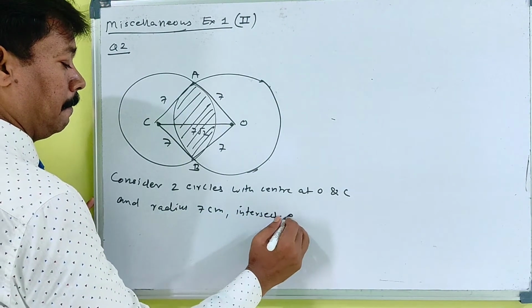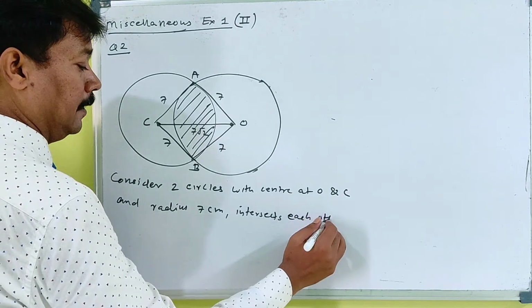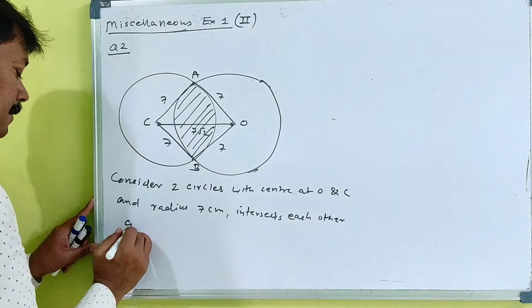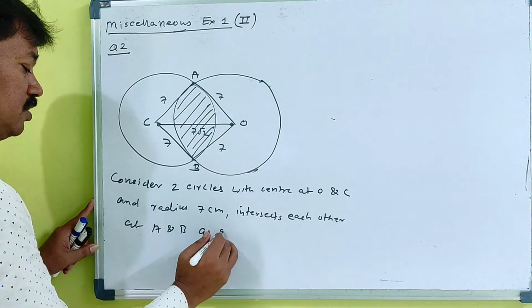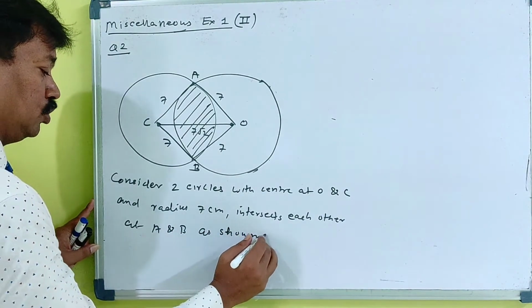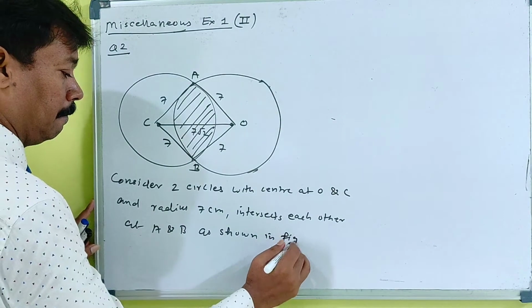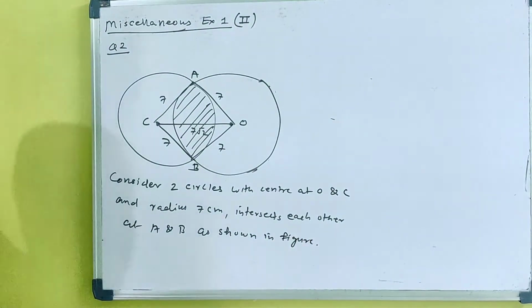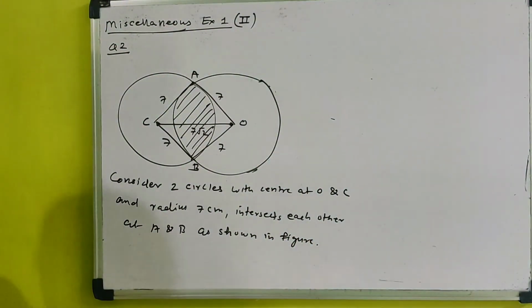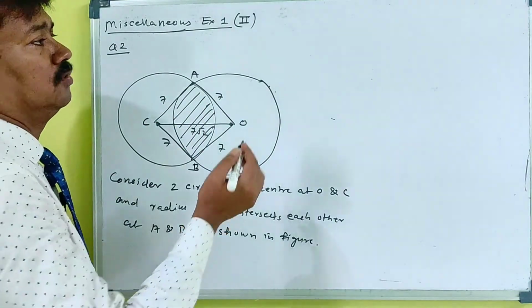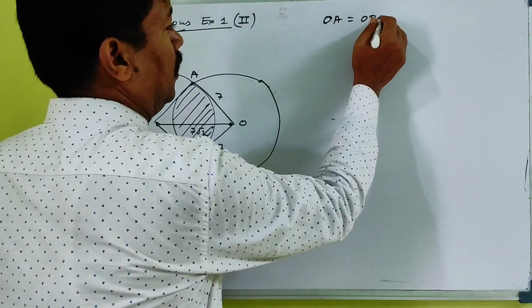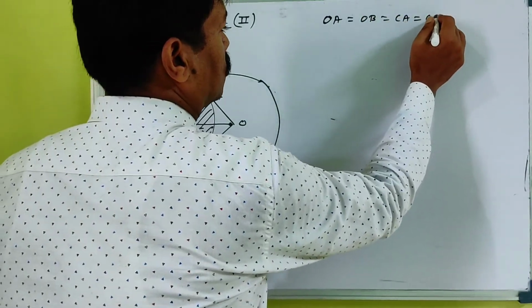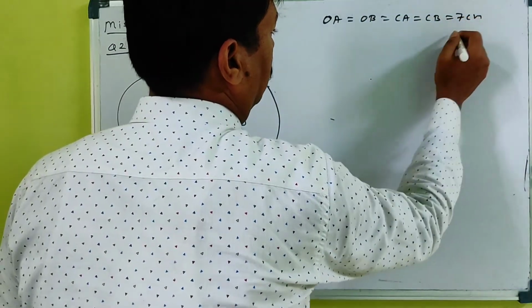Intersect each other at A and B as shown in figure. Fine. Now clear cut, this is OA. सब जो पहला तो मैं रेडियस के बारे में लिख देता हूँ. OA is equal to OB is equal to CA is equal to CB is equal to 7 centimeter.